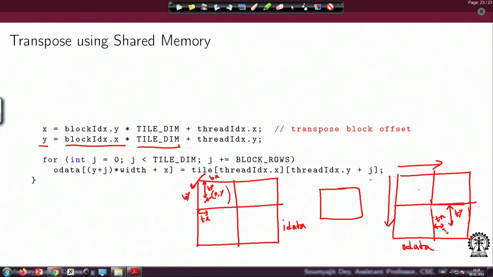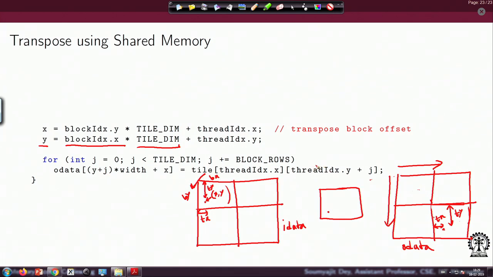But the question is, what is it going to write here? If it is writing the location of the original point, then it is the same data, right, because if I just go by the Tx and Ty values, then this data is resident in the tile and I would be writing it using the x and y values, but that is not what I will now do in the operation.